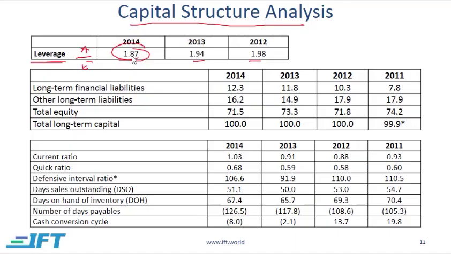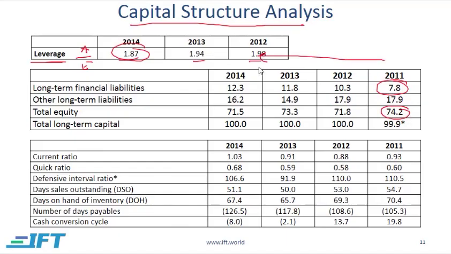But this analysis is not enough. It's just the top level. You also need to dive a little deeper into how the capital structure is changing. What is happening to liabilities relative to equity? So what he notices here is that in 2011, long-term financial liabilities were 7.8%, equity was 74.2%.